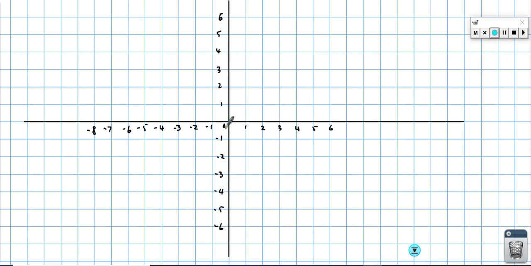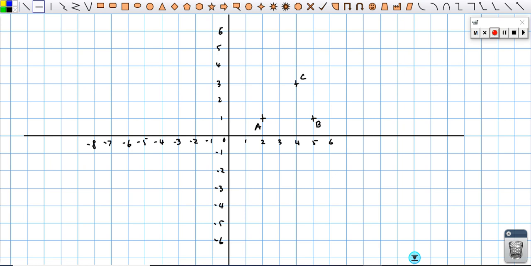We have our 0. The triangle was A(2, 1), B(5, 1), and C(4, 3). So let's draw the triangle. This is our original triangle.